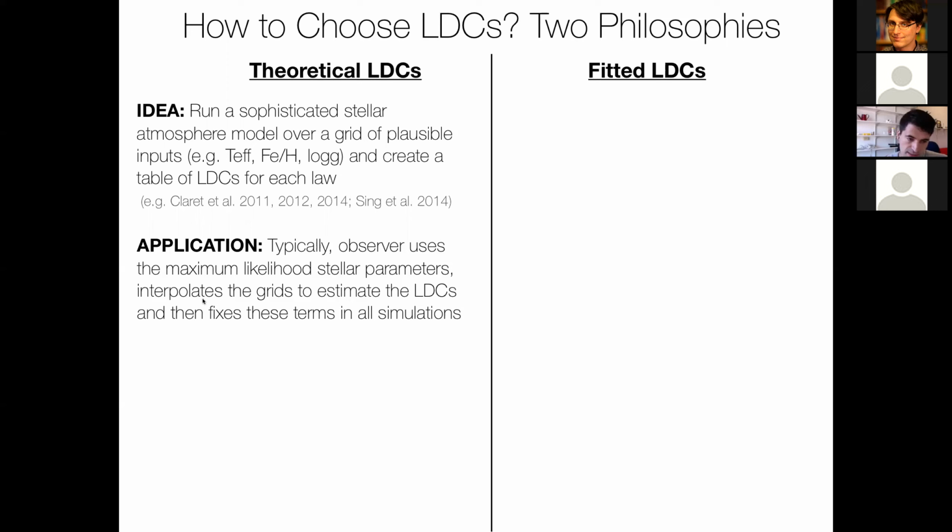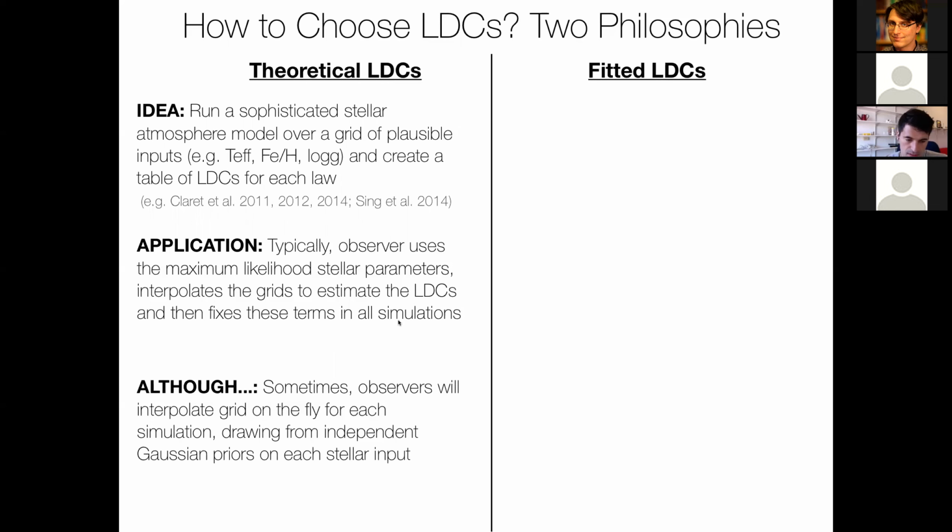That'd be the simplest thing you could do. Interpolate these grids and try and estimate what the limb darkening coefficients are at that best set of parameters. And then they just fix the limb darkening coefficients to that choice in every single simulation they do. That's typical. There's pros and cons to that, and I'll talk about that in a moment.